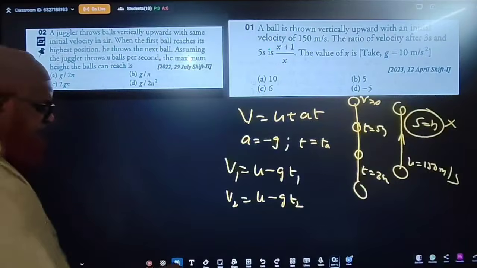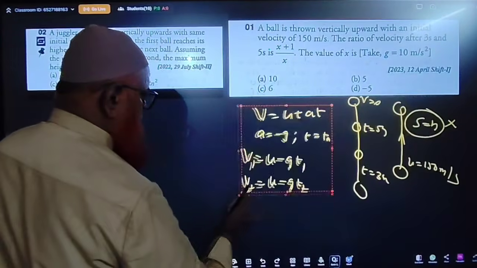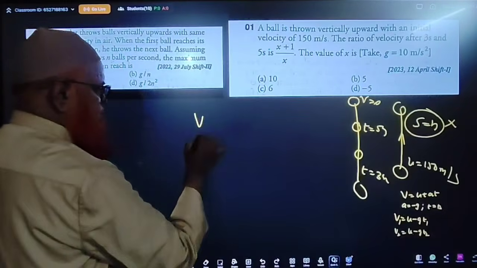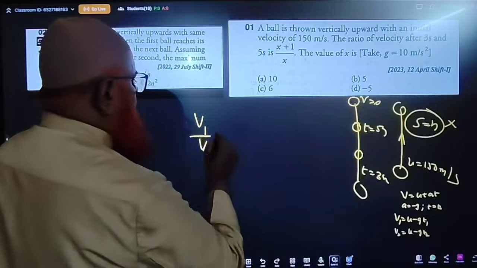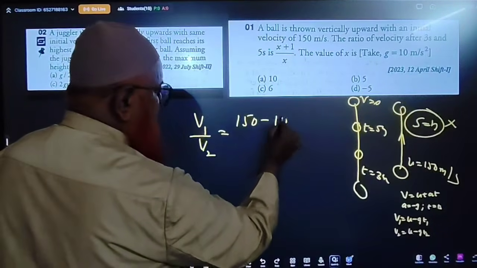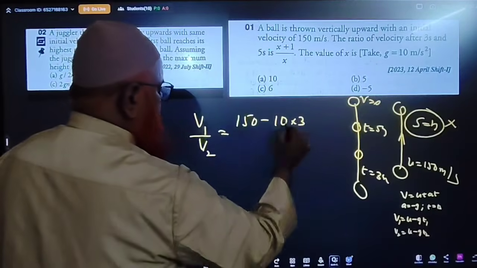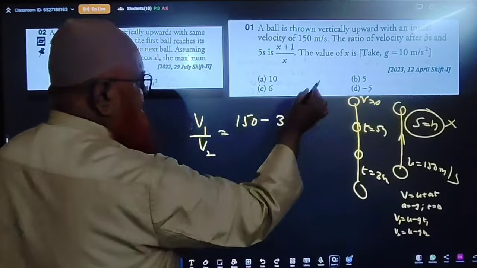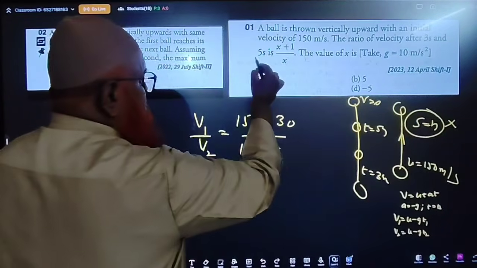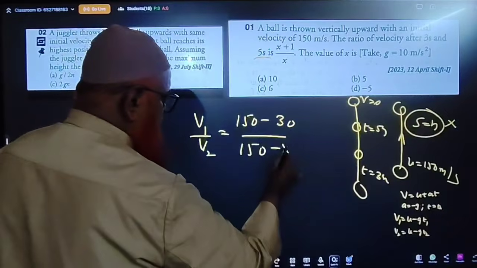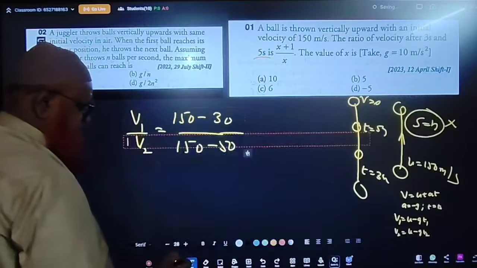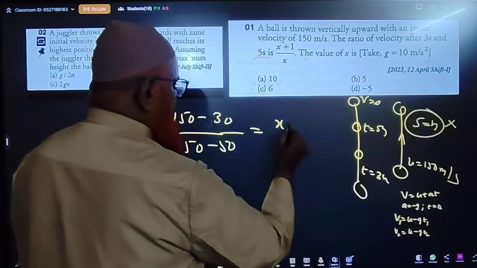If you divide these two, V1 by V2 is equal to 150 minus 10 into T1, T1 is 3, 10 into 3, 30, over 150 minus 10 into T2, T2 is 5, so 50. Am I right or not? And this ratio is given as (x plus 1) by x.